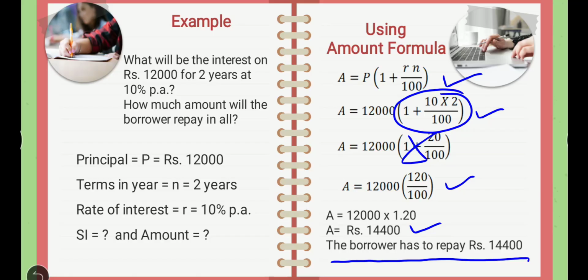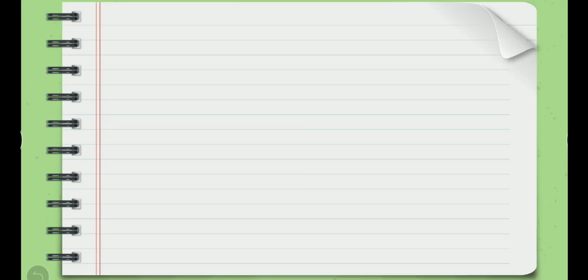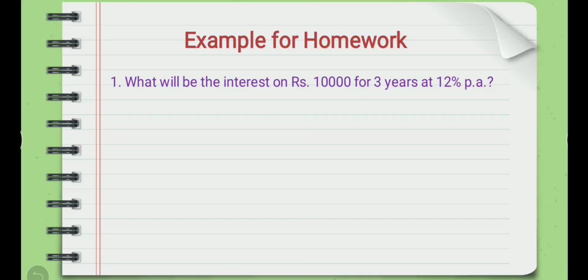Okay, now there are some examples for practice. I will give you examples. You can solve these examples and comment your answer in the chat box. So examples for homework or practice. The first example is, what will be the interest on rupees 10,000 for 3 years at 12% per annum?